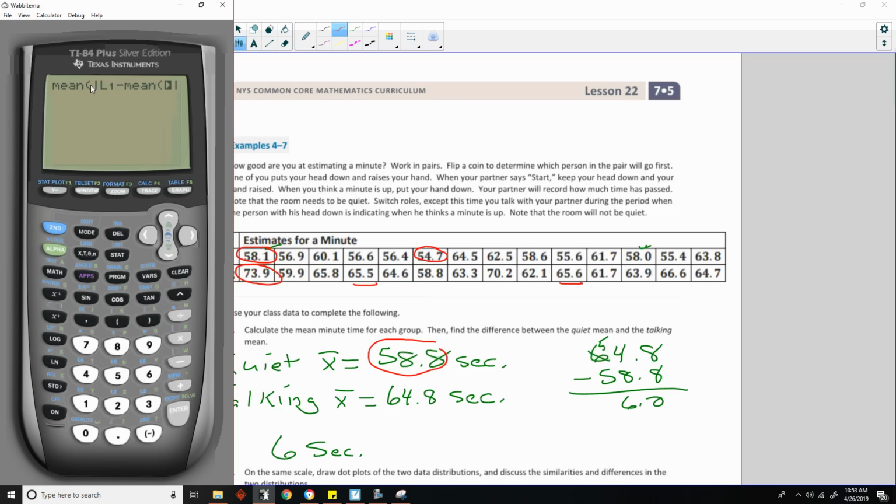All right, so let me refresh. Let me start over. All right, let's make this clear. I want to calculate the mean absolute deviation. All right, so I hit second stat, arrow over to math. Number 3 is the mean. So I'm taking the mean of the absolute value of L1 minus the mean of L1.